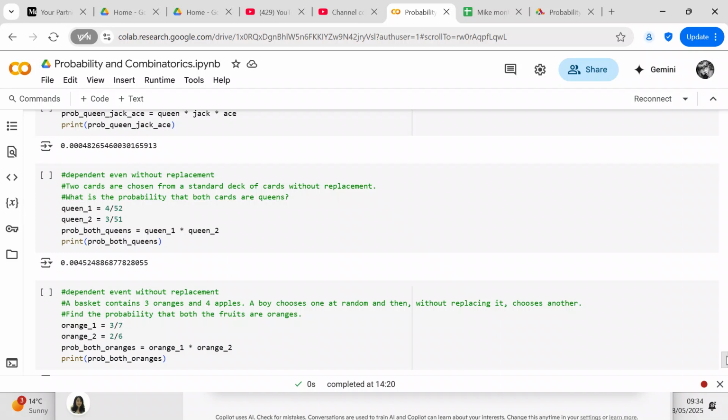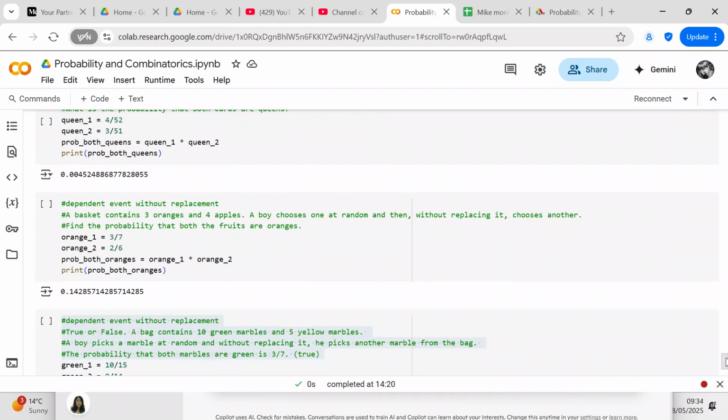Queen 2 is 3/51 because you've already taken out 1 queen. So there's 3 remaining queens and you haven't replaced the card, so it's 51. So the probability of both queens is queen 1 times queen 2, which is 0.45%. So again, that's a low percentage.